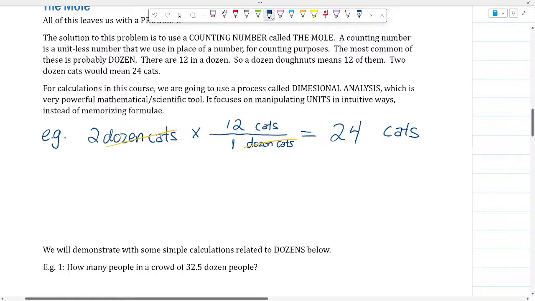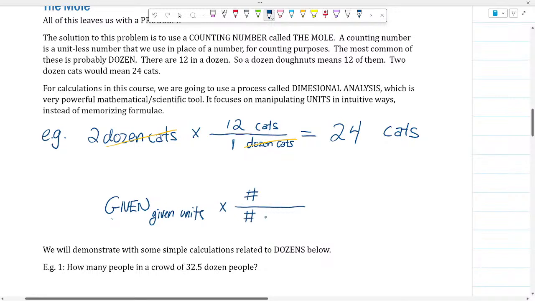So here's the general form. When we want to do dimensional analysis, we write our given number with given units. Whatever that may be: 6 grams, 8 meters, 5 dozen cats, 36 hectares. Doesn't matter. Whatever it is, you write the number and the given units. And then you multiply by whatever we want here.